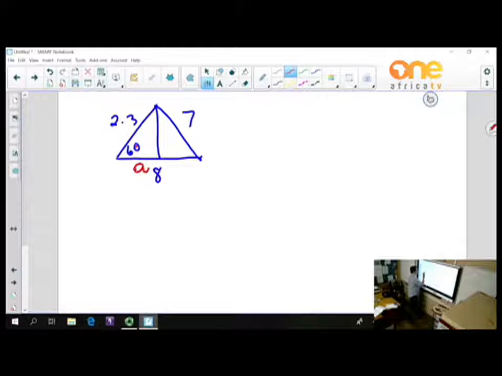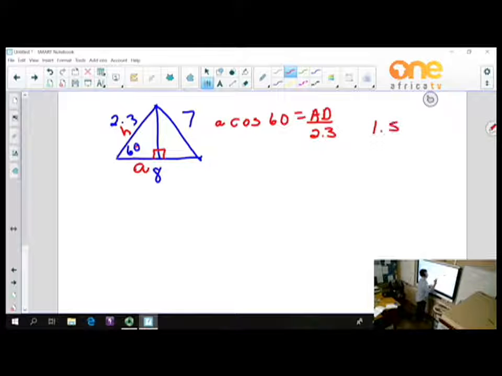It means this is adjacent, and this is the hypotenuse, because there's the 90 degrees. So, cosine, the included angle. So, cosine 60 degrees is equal to AD over 2.3. Which method? Top times, we'll just multiply there, and then we get 1.5 meters.